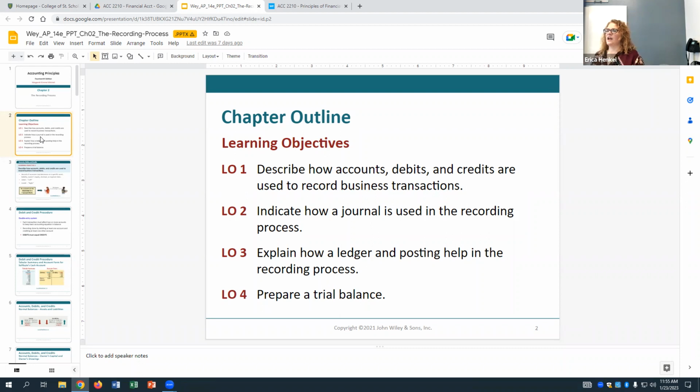And then finally, how to prepare a trial balance. So a little bit of this will be review, because we actually did talk a little bit about making journal entries last week, but we're just going to get more practice at it this week until everybody is pretty comfortable with how that process works and how to pull those balances in at the end.